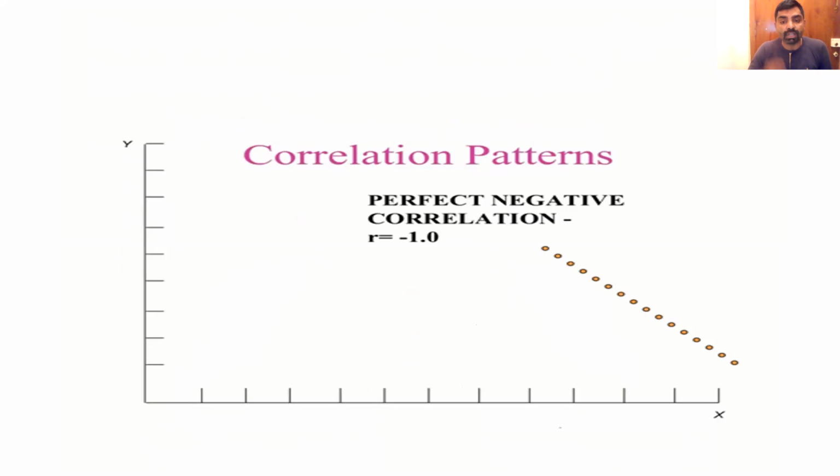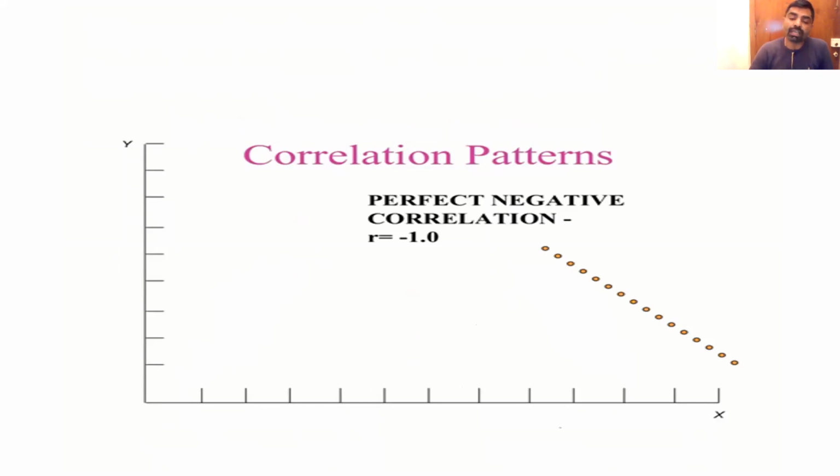Correlation patterns: we have already discussed perfect negative correlation. Perfect negative correlation means lesser the weight, lesser the height; lesser the height, lesser the weight. So both are in a negative mode.